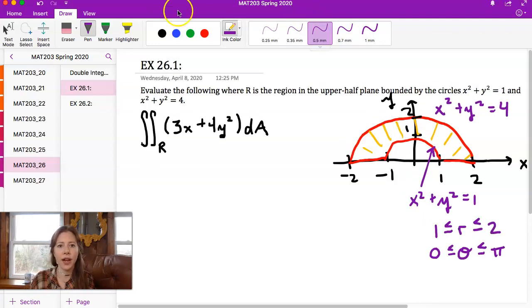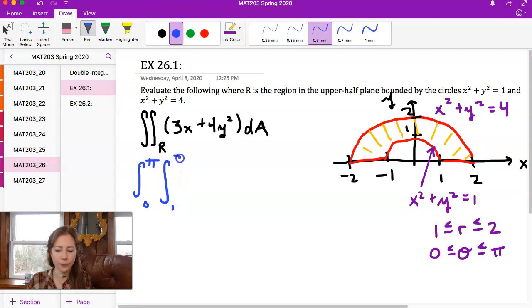So let's rewrite our integral in polar coordinates. We have the double integral over our region for 3x plus 4y squared dA. So our bound for theta, we decided, was from 0 to pi. Our bound for r is from 1 to 2.